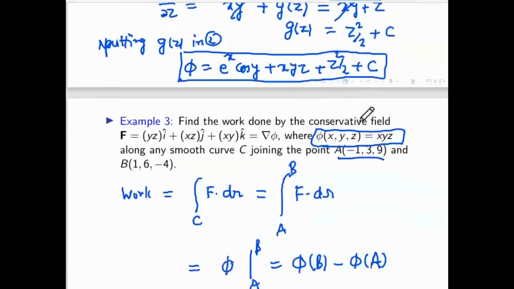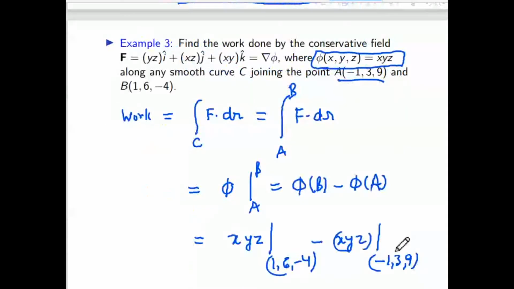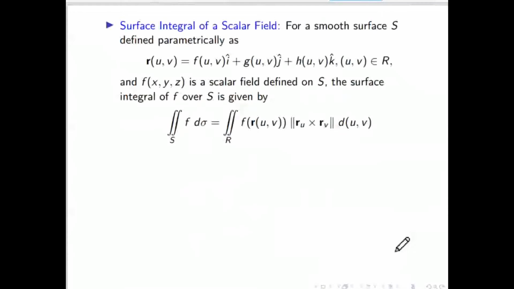We defined the line integral over a scalar field and a vector field. Now we will define the surface integral. First we will see the surface integral over a scalar field, then over a vector field. Suppose S is a smooth surface.